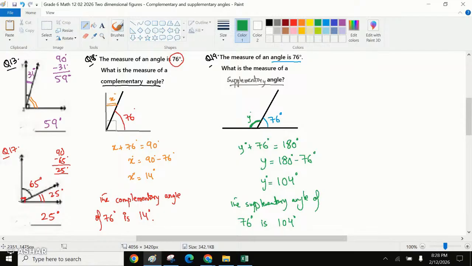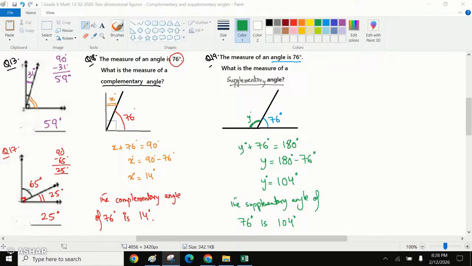We took the same angle and we tried to find the supplementary angle of 76. First we tried to find the complementary and then we tried to find the supplementary, right? Okay. Let's move ahead with the next question.